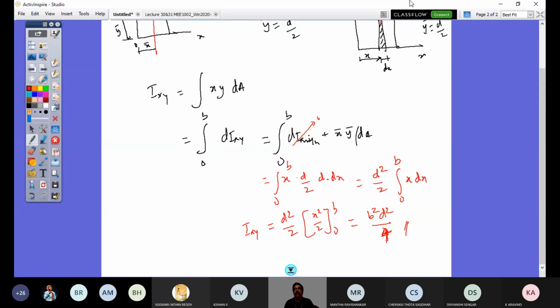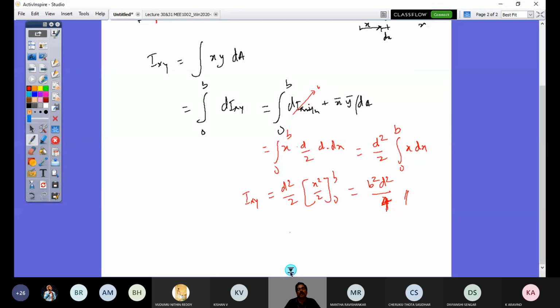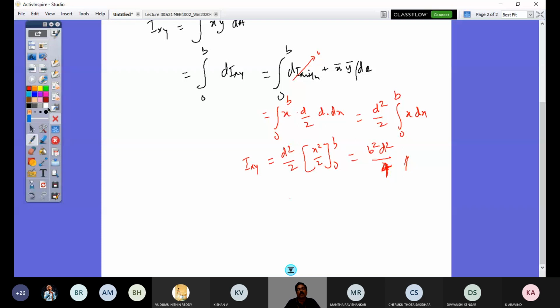So I leave it to you to work out for other section as a homework, which is triangular section. So let us take now a triangular section. This is B and this is H. So here the difference is, if I consider an elemental strip, this strip is a rectangular strip.